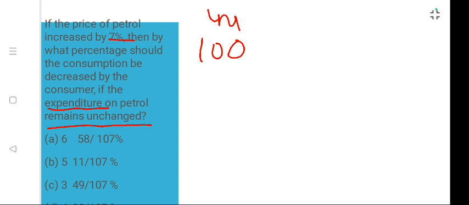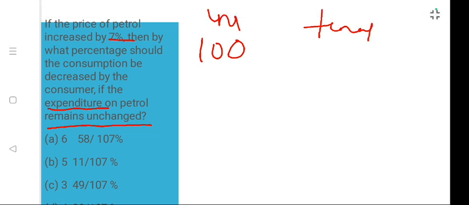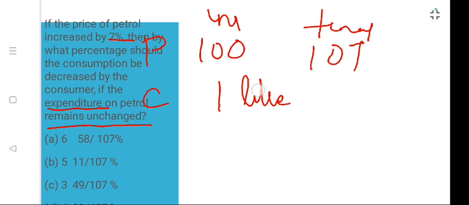They told the petrol price is increased by 7%, so the final cost will be 107. So this is the price of the petrol. Now see the consumption. For example, the initial consumption is 1 liter, and we don't know the final consumption.